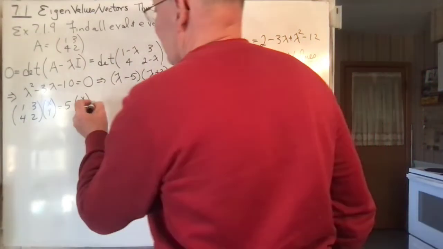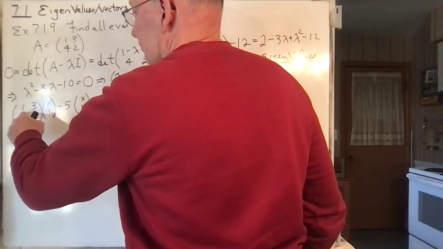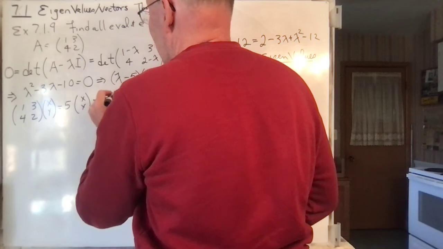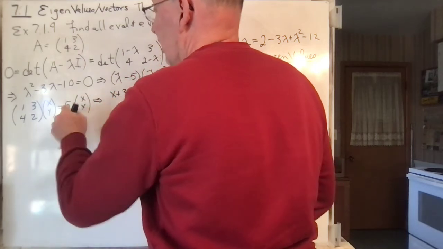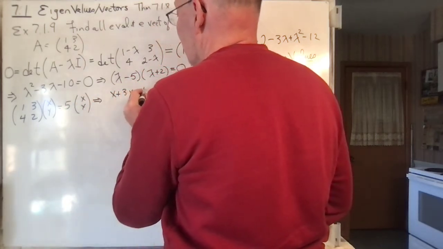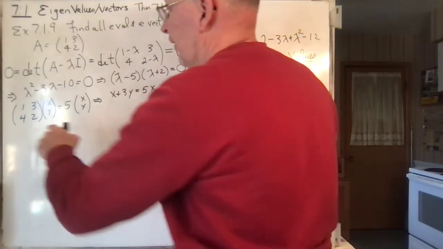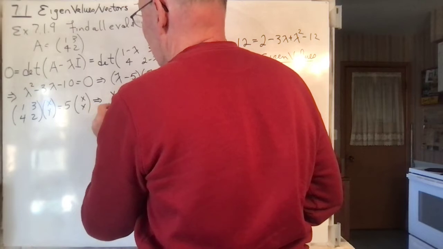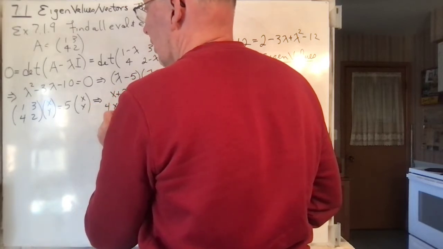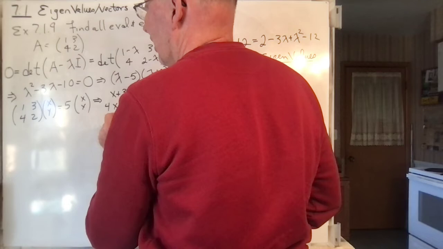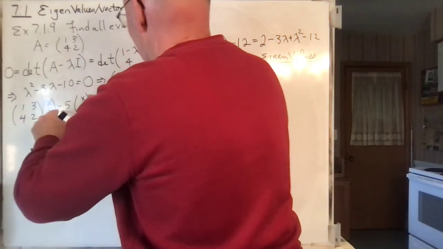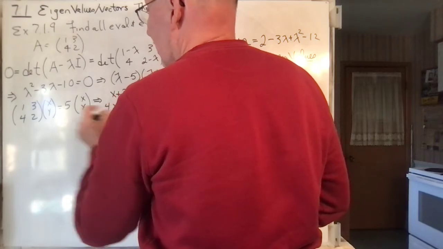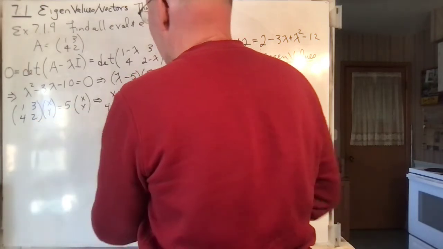Well, let's multiply it out and see what we get. This is going to be x plus 3y is equal to 5x. And this is going to be 4x plus 2y is equal to 5y.